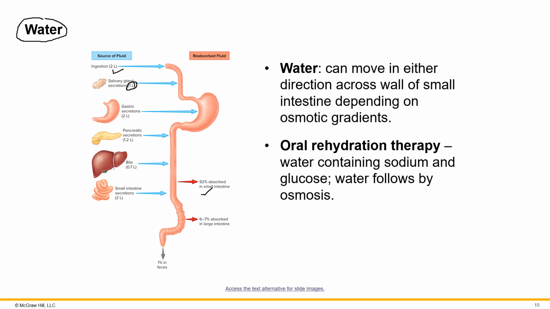So this diagram is essentially looking at the source of fluid that gets dumped into your gastrointestinal lumen versus what is reabsorbed into your bloodstream out of the gastrointestinal lumen. So basically, there's less than 1% of water that is actually lost through feces.